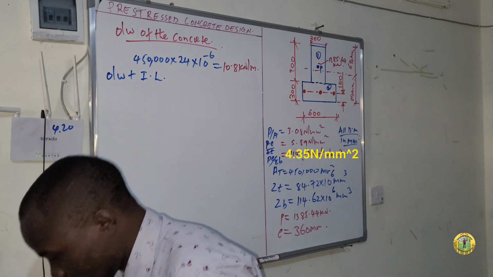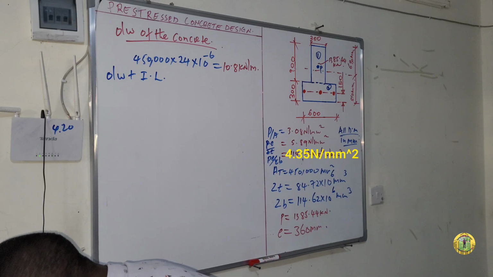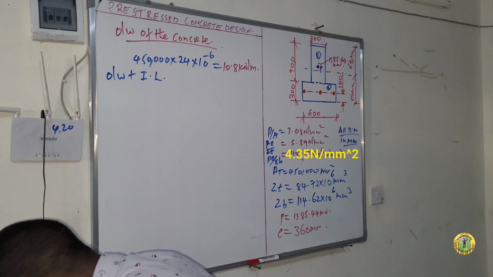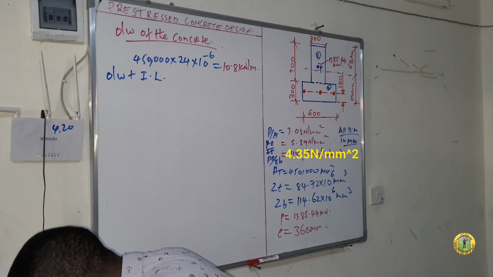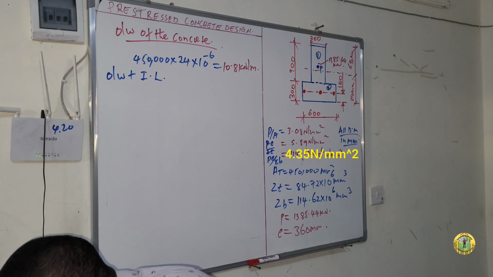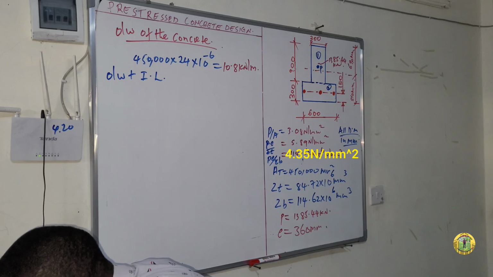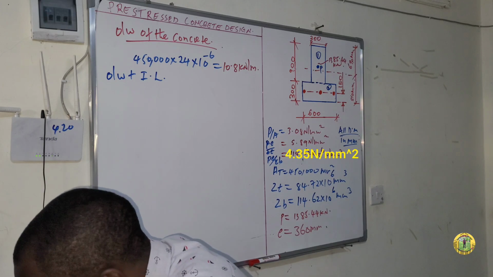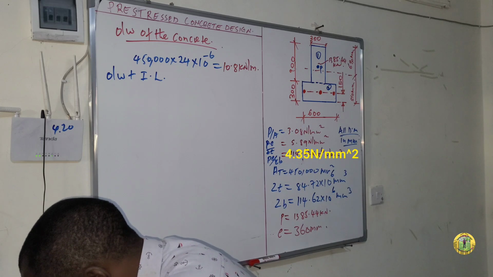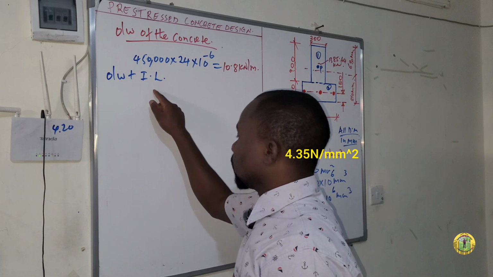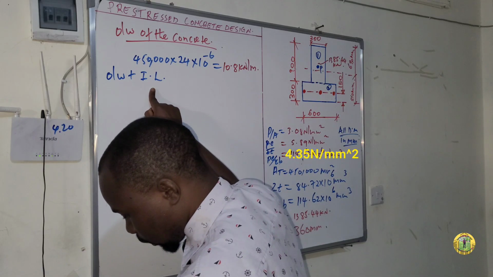So in the question, we have been told to determine the maximum uniformly distributed load on the beam if the maximum compressive stress in concrete is limited to 14 Newton per millimeter square and the tensile stress is limited to 1 Newton per millimeter square. So it automatically means you are supposed to determine the imposed load which is applied on this beam.